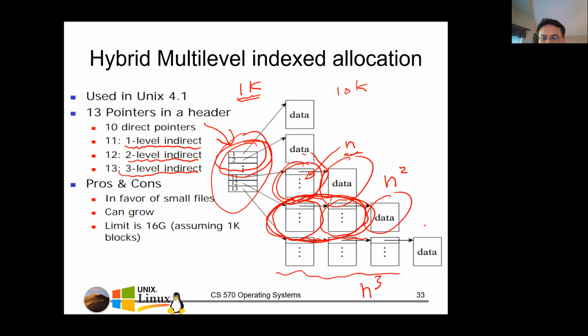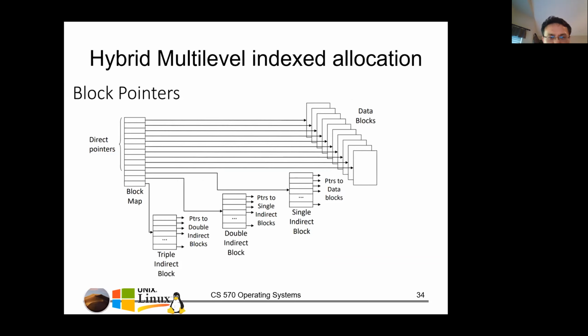So we're trying to find out what would be the biggest file size this structure can describe, right? So actually, let's look at this diagram here. This is the first 10 direct data blocks.